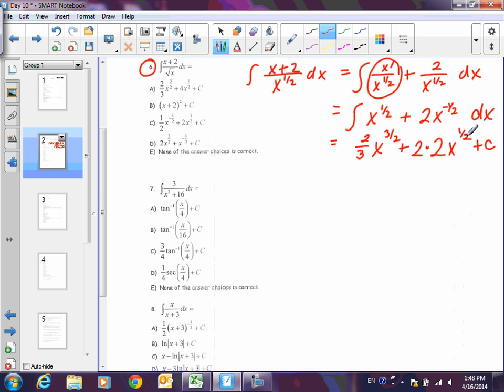Because if you think about it this way, if I were to derive this, 1/2 times 2 would be 1x, and then to the negative 1/2. So, is the answer A? Yeah, it was. Okay, but when you have an answer choice, none of the answer choices is correct, don't stop until you know you have the right answer. Okay?